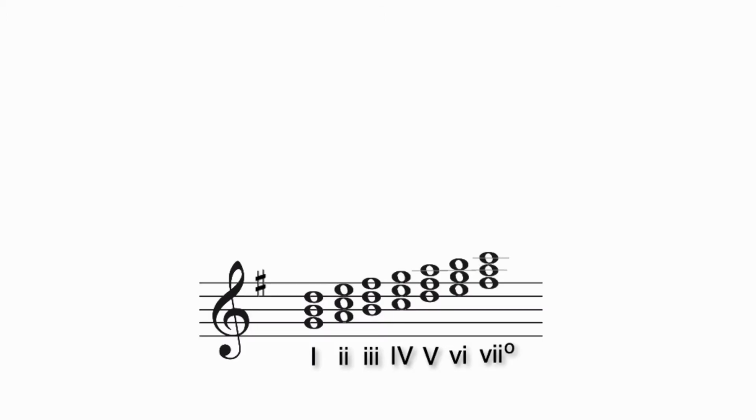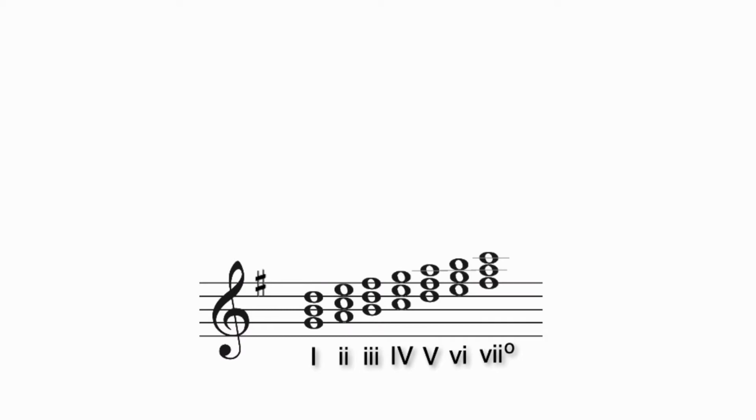Notice the 1 chord is major, the 2 chord is minor, the 3 chord is minor, the 4 chord is major, the 5 chord is major, the 6 chord is minor, the 7 chord is diminished. And that will be the list of qualities in any major key. It will always be that particular list of qualities.